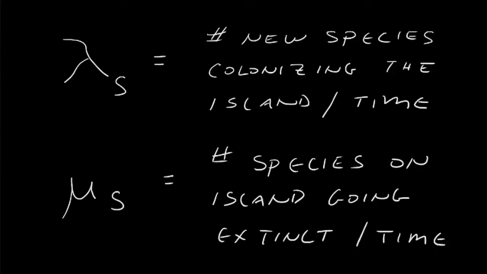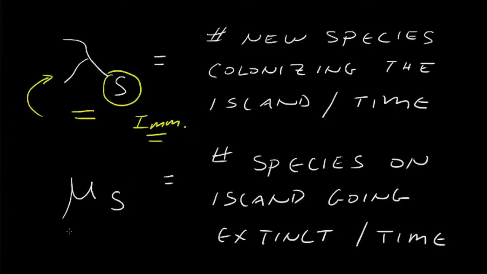Let's introduce a couple of terms here. I'm going to introduce two terms. The first one here is called lambda S. So that's the number of species, as a subscript to lambda. So that's the number of new species colonizing an island per some amount of time. So this represents the immigration side of things.